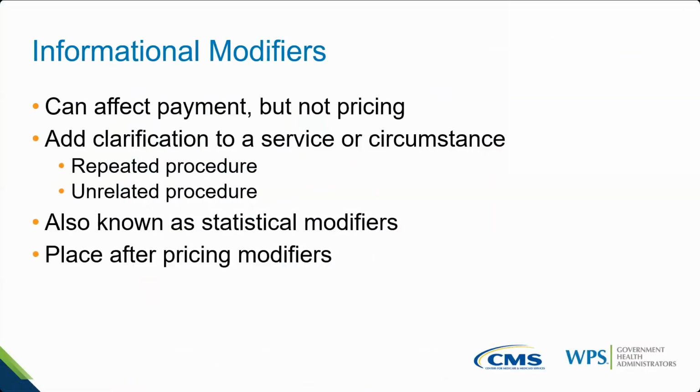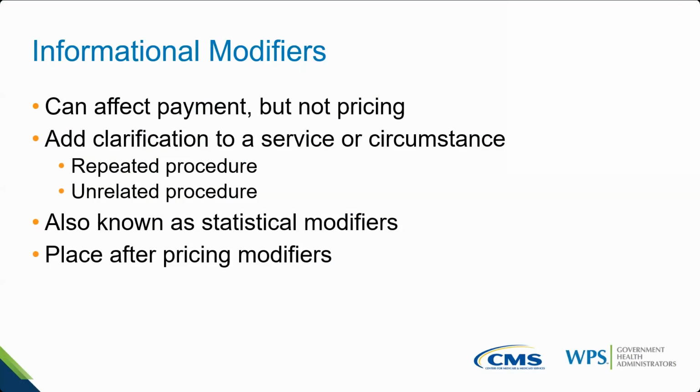Our other category is informational modifiers. Another name for them is statistical modifiers. And so they can affect your payment, but they're not considered pricing modifiers. So what they do is add clarification to a service or a circumstance. You have a couple examples here: a repeated procedure or an unrelated procedure.